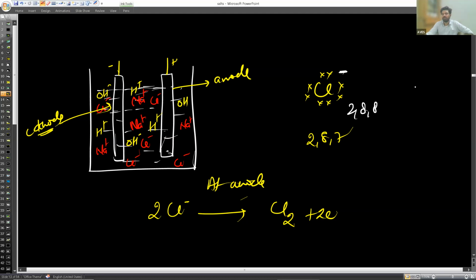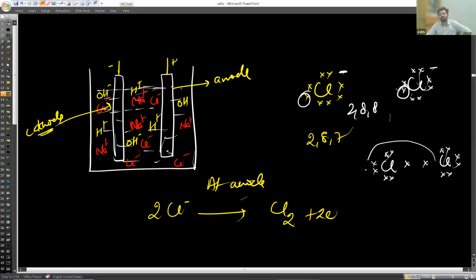Now another Cl minus ion also loses its electron, and they combine together, sharing a bond, and form chlorine gas. So chlorine gas is formed here.